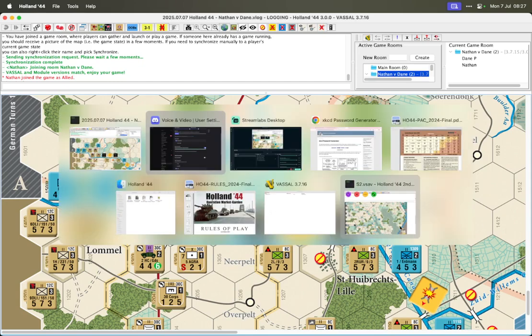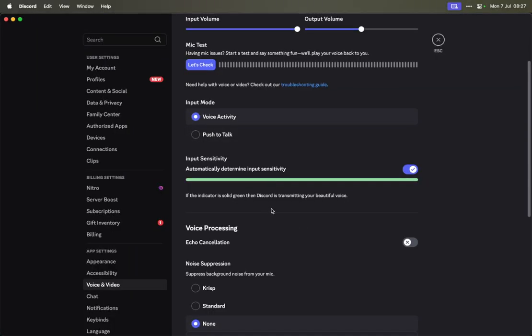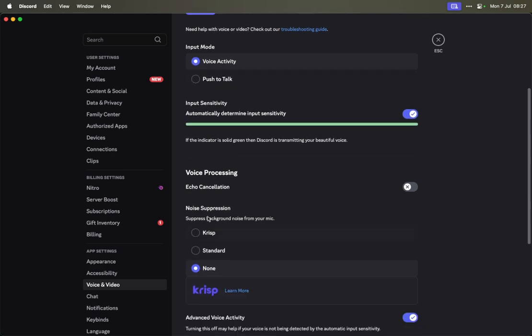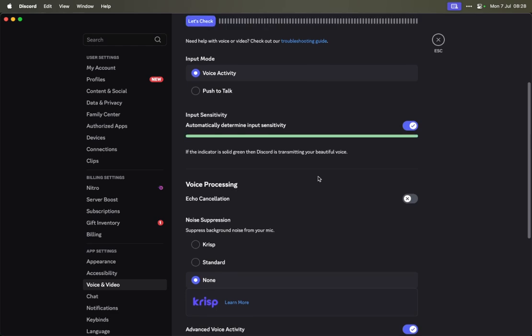When you do a Discord call, how do you set up your mic? Do you have it as voice activity or push to talk? Just have it regular voice activity. Okay, and then you have noise suppression as none, or echo cancel. Oh, I don't know. I'm an old man. Okay, I just want to make sure it's gonna sound all right when I'm talking. I get a little reverb off of you. I'm getting a little echo. I can hear myself through you.